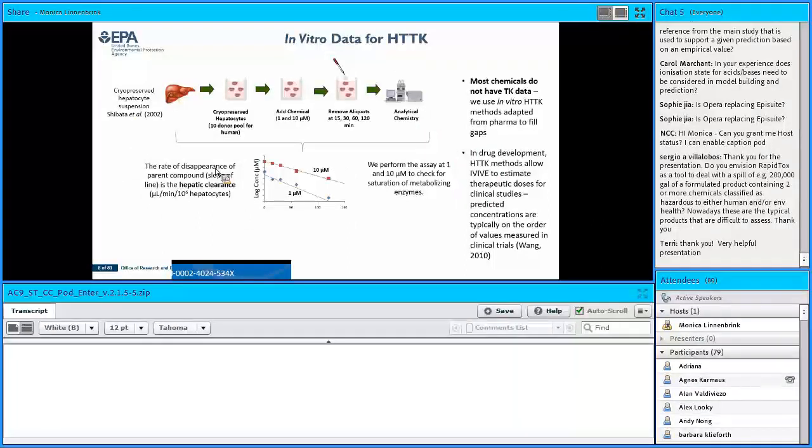Okay, just a quick review. What sorts of data do we get for in vitro toxicokinetics? Well, the first assay uses cryopreserved hepatocytes, and it uses a 10-donor pool. And the reason for that is that everyone's liver is different both because of our genetics, but also because of environmental choices we make.